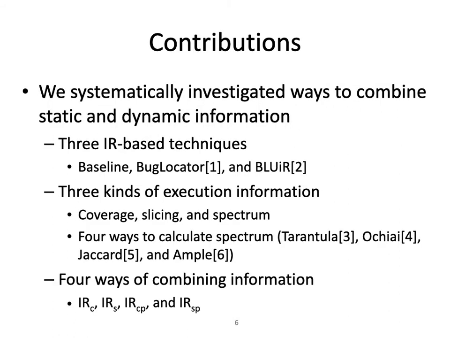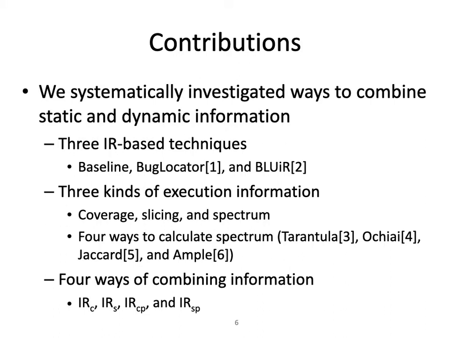To answer this question, we have systematically investigated different ways to combine static and dynamic information. To make our empirical study well representative, we have experimented with 3 different IR-based techniques: baseline, BugLocator, and BLUiR.